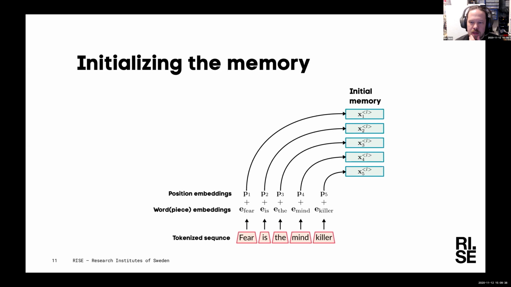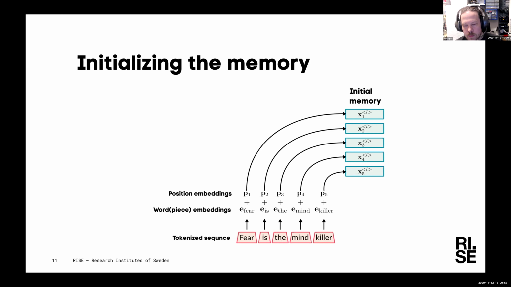So first of all, imagine we have some kind of memory and we have an input sequence we would like to do something with. What we do with the transformer then is that we take the sequence and create embeddings from it. If we think of this as a set and not a sequence, we need to somehow encode the order of the elements of this set.